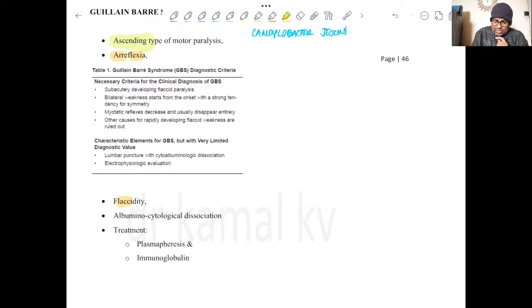Then on CSF examination we find albuminocytological dissociation, because usually when we study in other meningitis forms, there is an increase in protein and there is an increase in cell count. It can be neutrophils or lymphocytes, but here there is an increase in protein but there is no increase in any cell count. So that is known as albuminocytological dissociation.